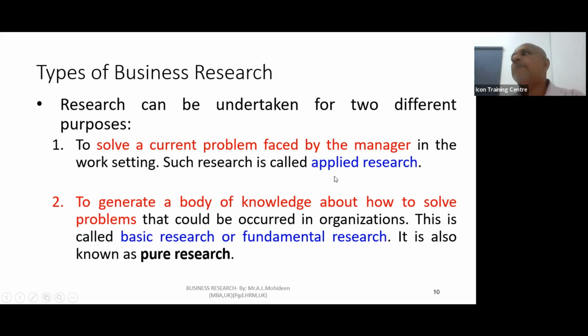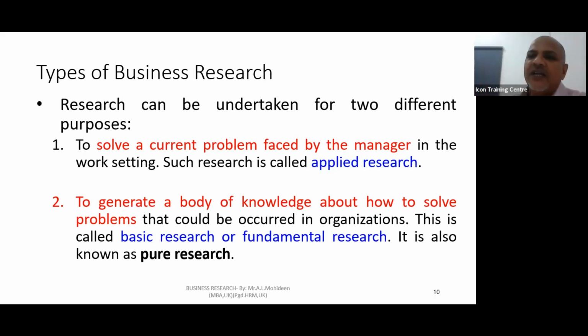This is called applied research. So generally, what kind of research do we do? Applied research, because we see the problem in the workplace. We would like to see whether it is a problem, how it is a problem, how much of a problem, how we can fix it, where the problem exists and persists. What is the solution we can find?